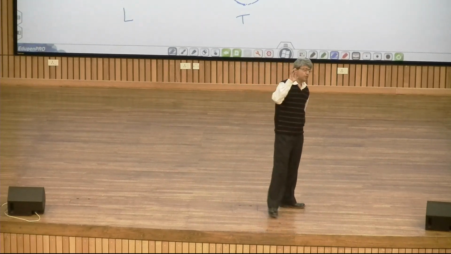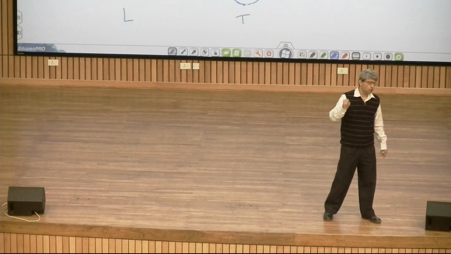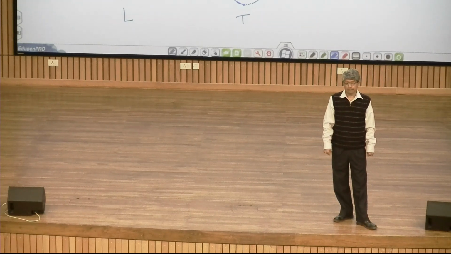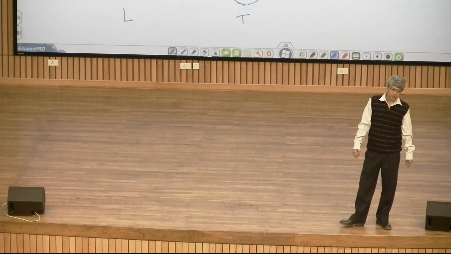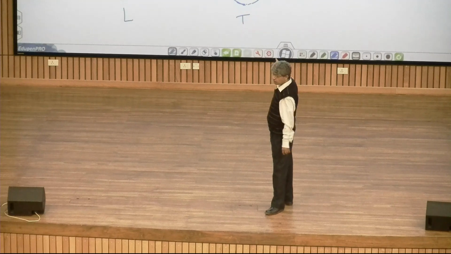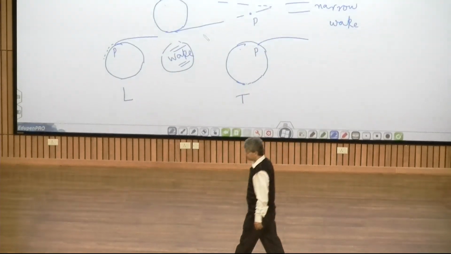What theory will you use for describing flow in the wake of a cylinder? You will use the full Navier-Stokes equations. Okay. So, we are not in a position to solve analytically the flow field in the wake of a cylinder, but the applicable theory is Navier-Stokes.